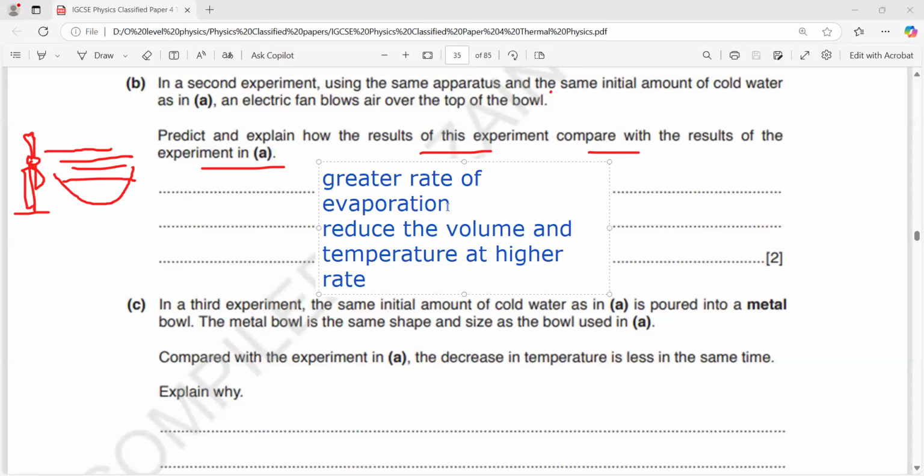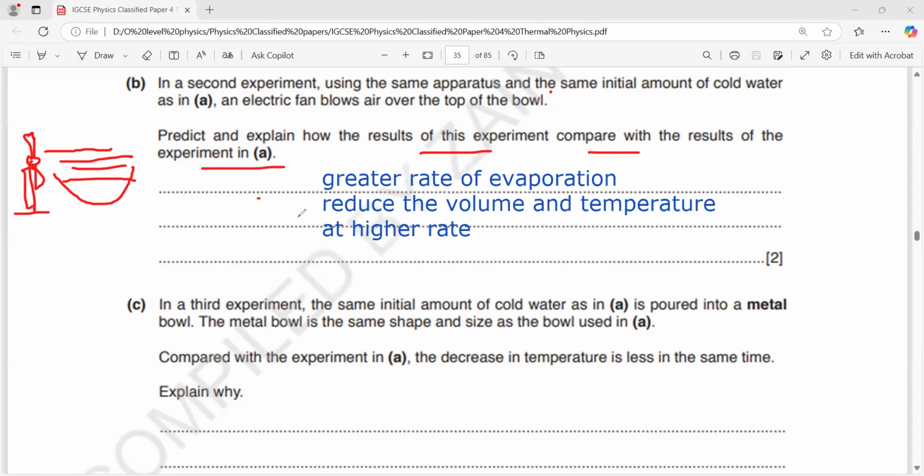It will reduce the volume and the temperature at a greater or higher rate. Either way, you have to compare: volume and temperature will be smaller, and then one mark is for the rate of evaporation being faster.